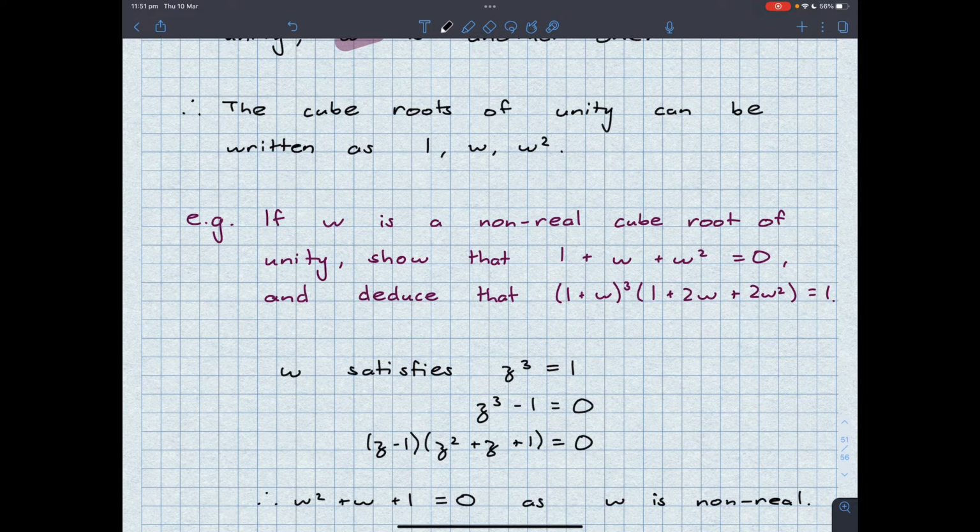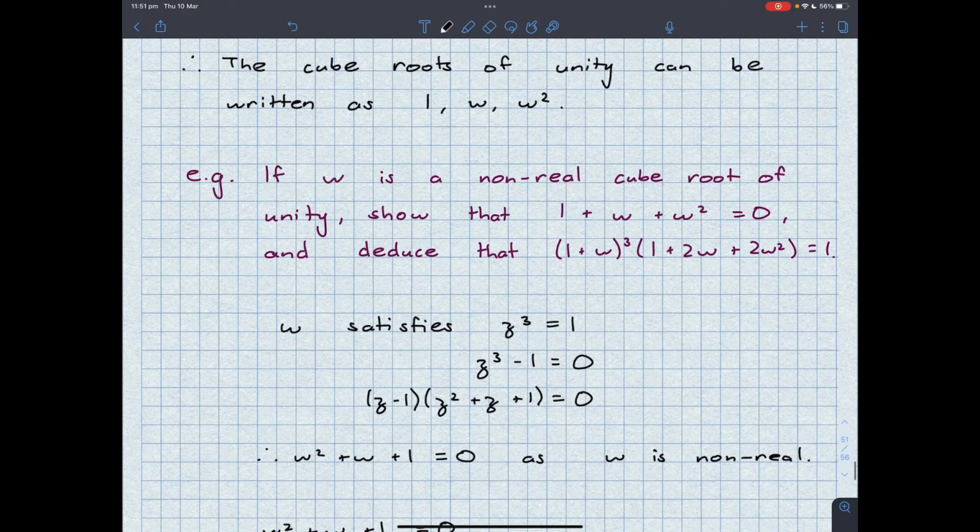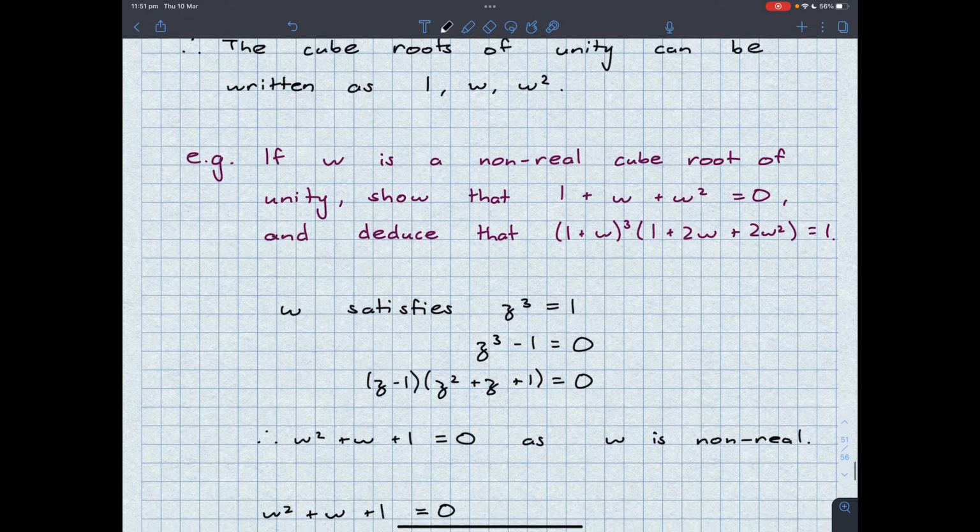And now the second part says deduce this statement here. I'm going to start with the w squared plus w plus 1 equals 0. So the bit that I just found, because I'm assuming it will be important for the second part of the question.